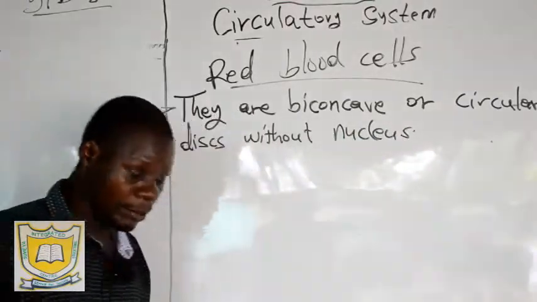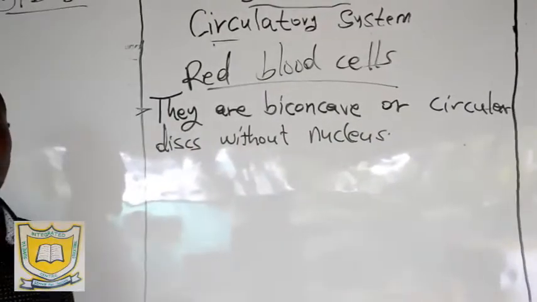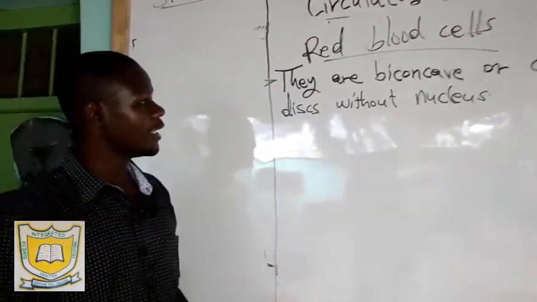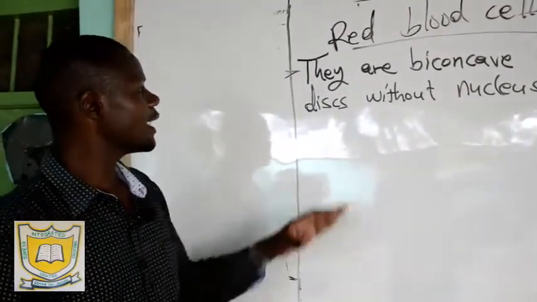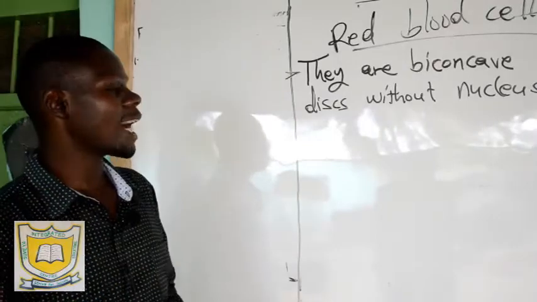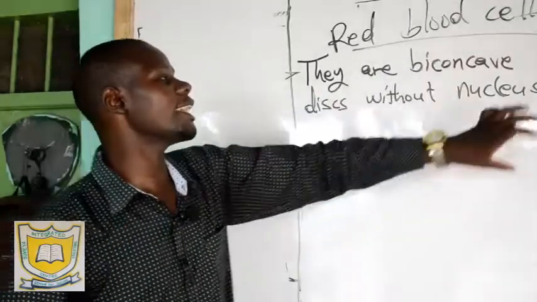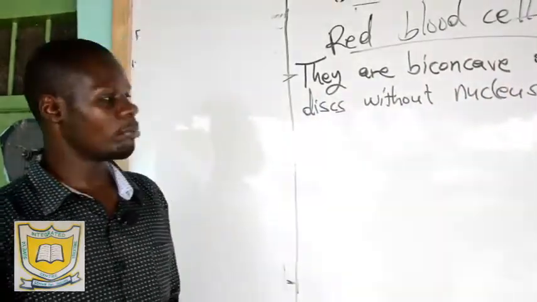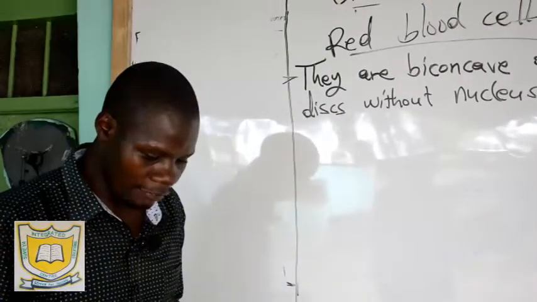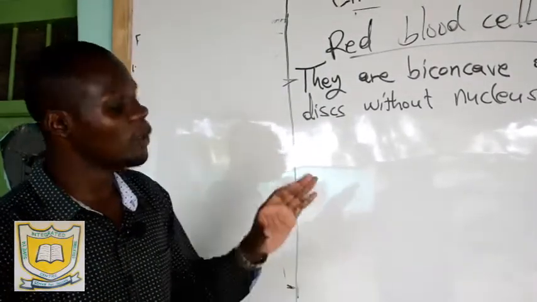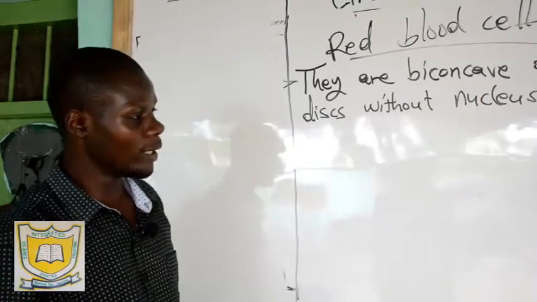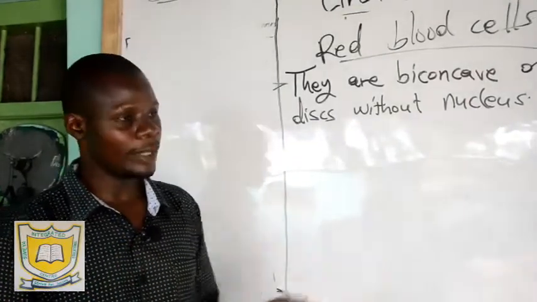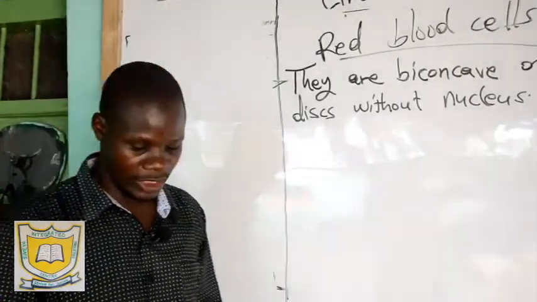When we talk about red blood cells, sometimes we have to compare the red blood cell and the white blood cell. So we say that red blood cells are biconcave, or we can say they are circular discs, but they do not have a nucleus. As in white blood cell, we will have to talk about their shape, and they have a nucleus.